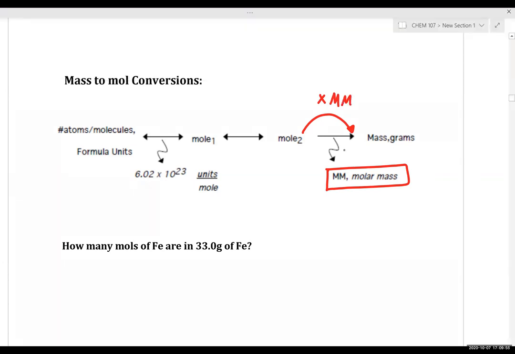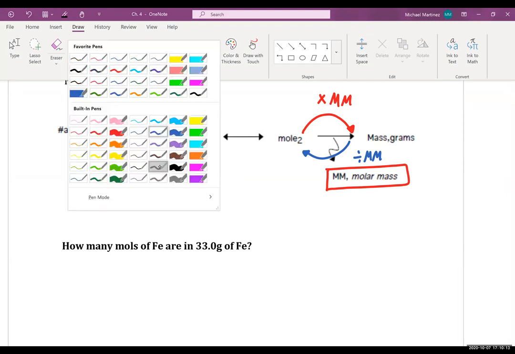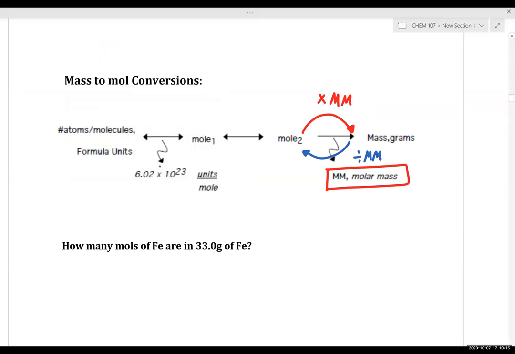To go from mass to moles, we would divide by molar mass. You don't necessarily have to memorize this process, because if you look at the units, you can treat these problems like a simple unit conversion problem. The units really are your guide to solving these problems.